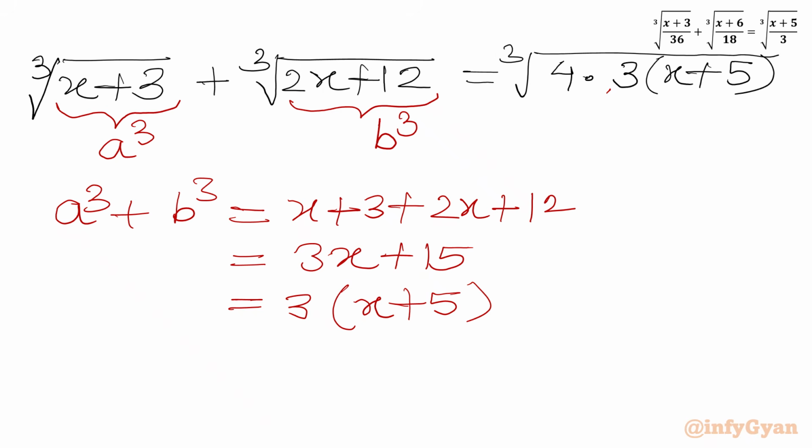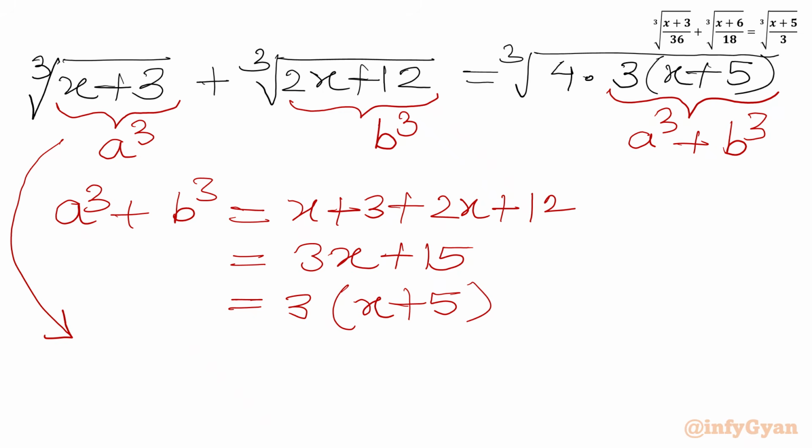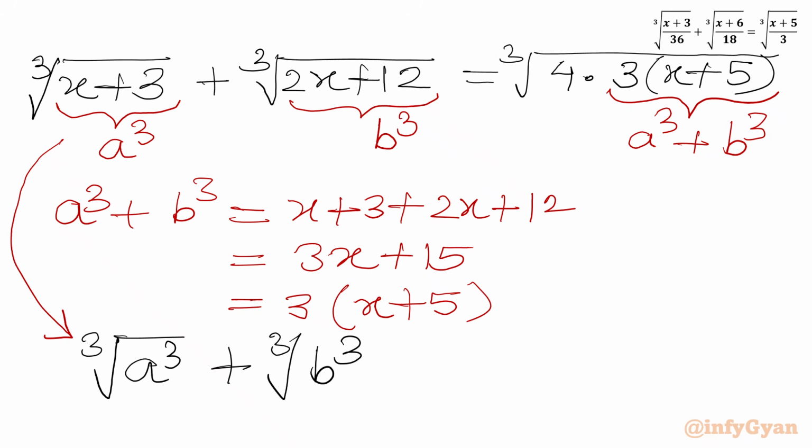Now you can see here, this is a cube plus b cube. So our equation we will write as cube root of a cube plus cube root of b cube equal to cube root of 4 times a cube plus b cube.